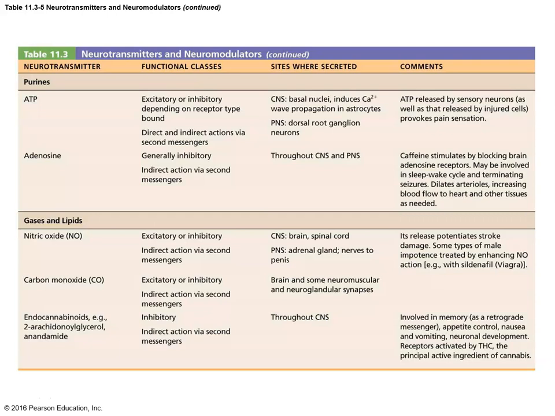When we get down here to the purines and the gases and lipids, I start to have some issues with calling some of these neurotransmitters. If we're saying a neurotransmitter is a communicator between cells, then ATP, or energy, isn't necessarily a communicator.